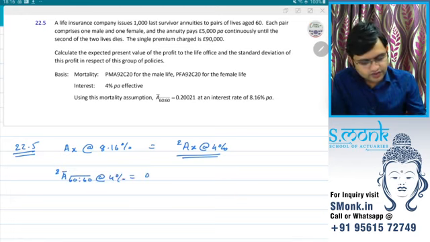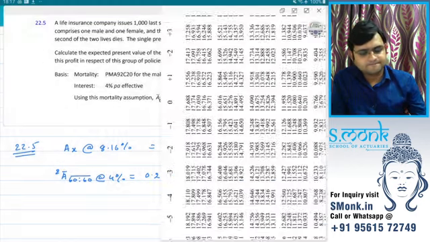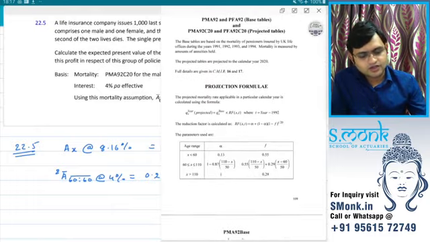So first of all, they are saying 1,000 last survivor annuities to pairs of lives aged 60. Okay, Dhruvika, yes? Sir, how is 0.20021 a 2Ā_{60:60}? Isn't it given just as Ā_{60:60}?